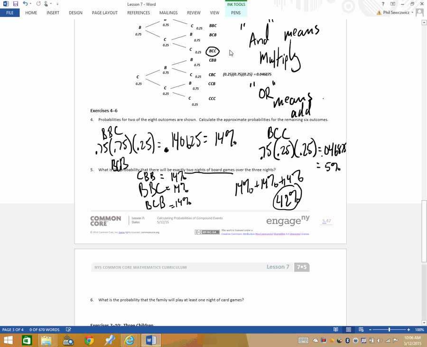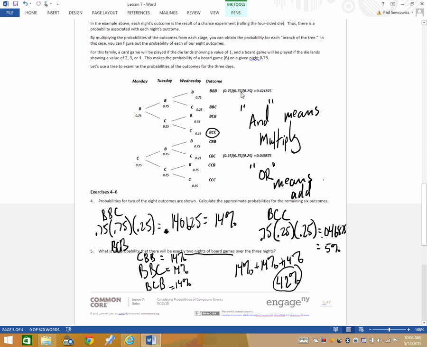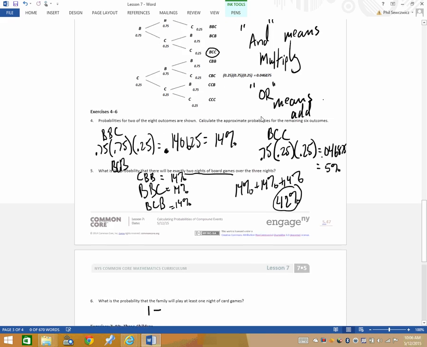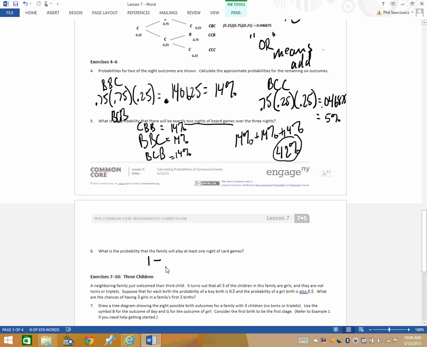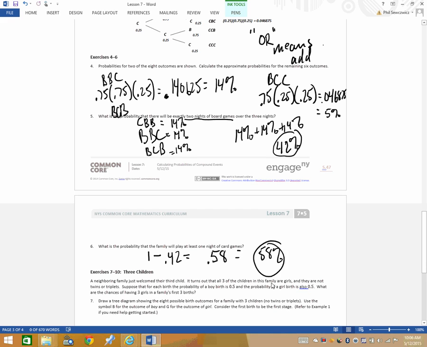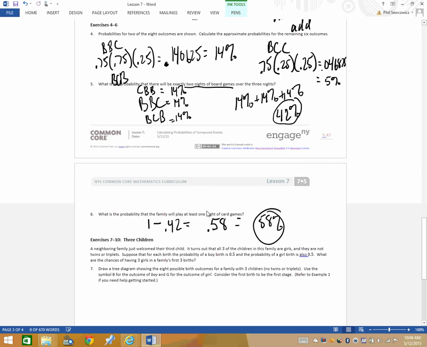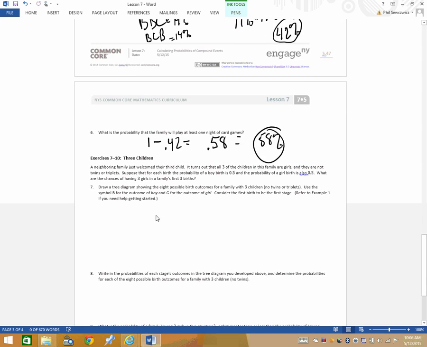And that's what we saw in the previous lesson. So we could add them all up, that's fine, or we could just do 1 minus, and we can see here the probability of that happening is 42%. So there's your 42 hundredths. So we could just do our subtraction problem and get 58 hundredths, which is 58%. So again, instead of adding them all up, we could just do the subtraction problem of what we're looking at.